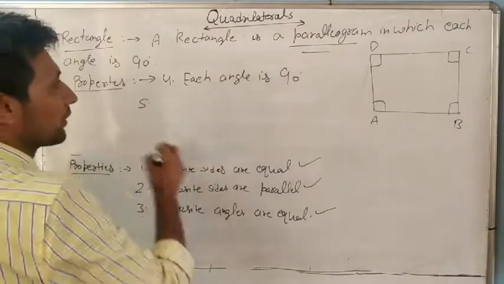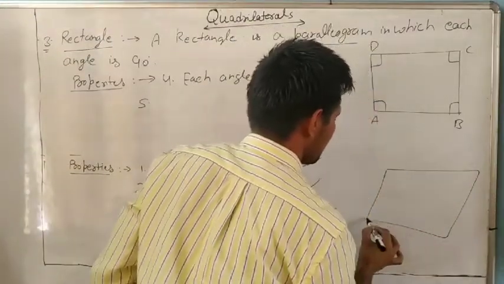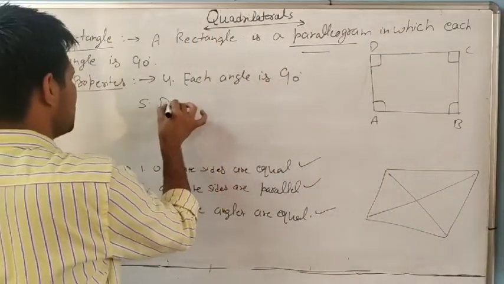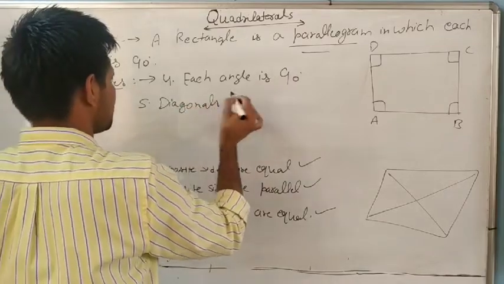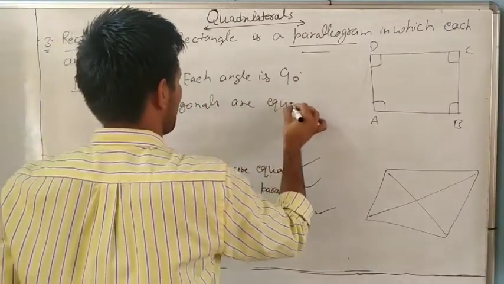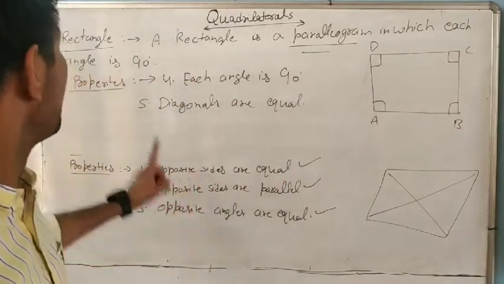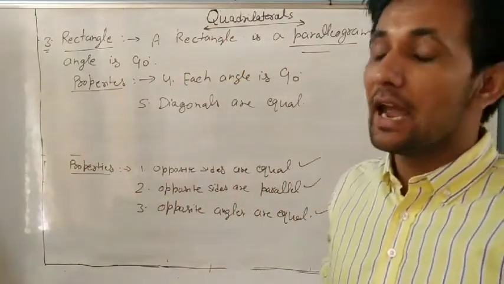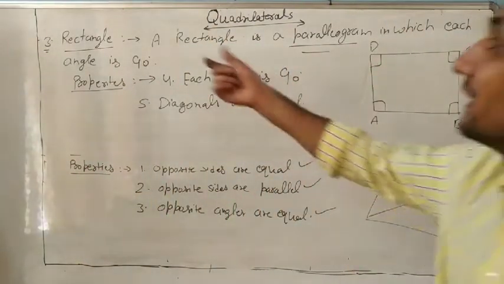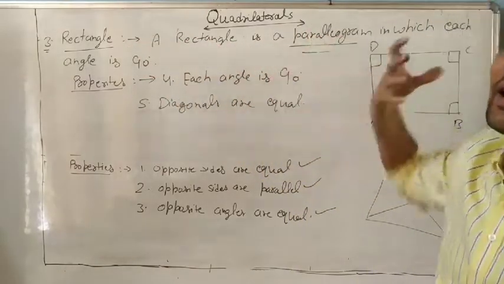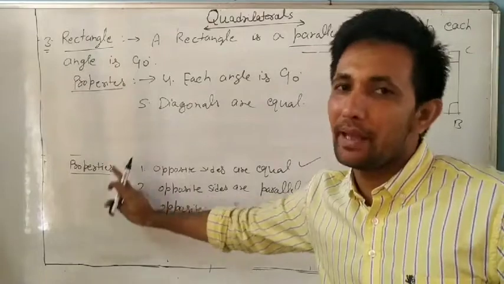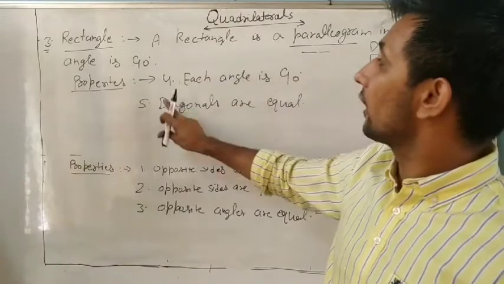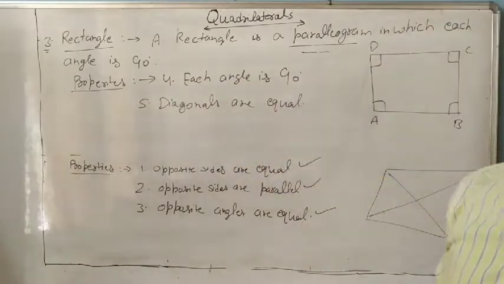And fifth: in a parallelogram, diagonals are not equal, but here the diagonals are also equal. So every rectangle is a parallelogram, but every parallelogram is not a rectangle, because a parallelogram has only three properties, but a rectangle has two more, 4 and 5. Each angle is 90. Understand it?